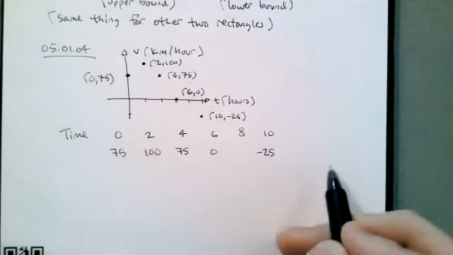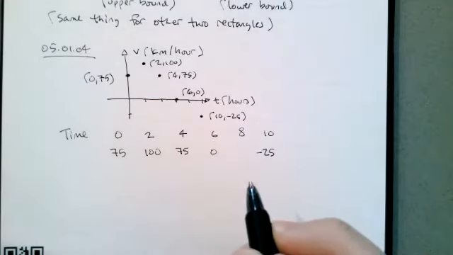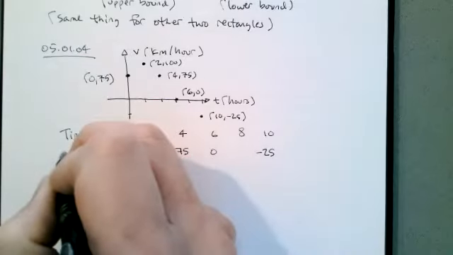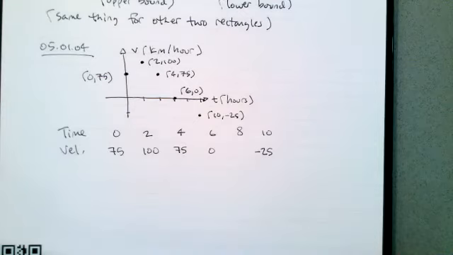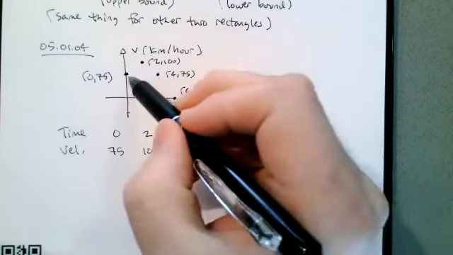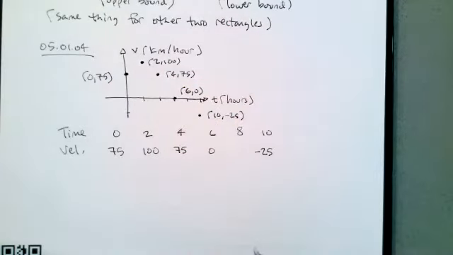So if we read the graph and just write down the information that we have, we can use this to approximate our distance traveled. The first part of the problem asks us to approximate where were you at the end of 10 hours. What we want to observe is that in this first half, for 6 hours, we're traveling away from home.